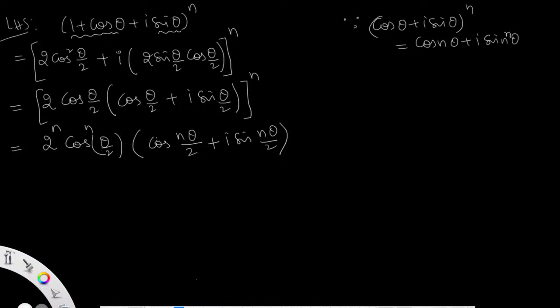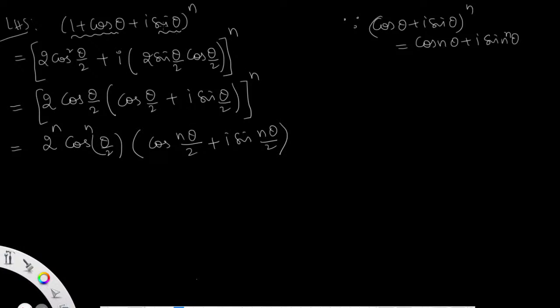In the similar way, cos n theta by 2 plus i sin n theta by 2, and this power goes to 2 power n into cos power n. If it is, suppose, 2 is there, what should we do? Cos square only. In the similar way, cos power n of theta by 2. This is in the form of De Moivre's.